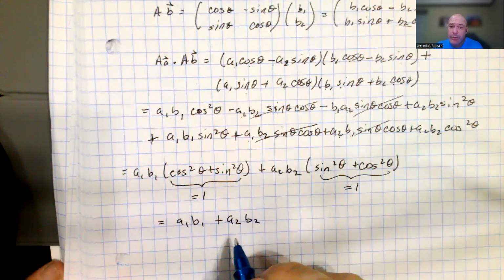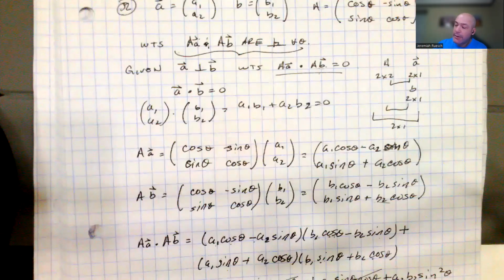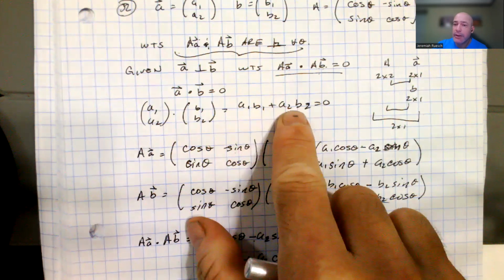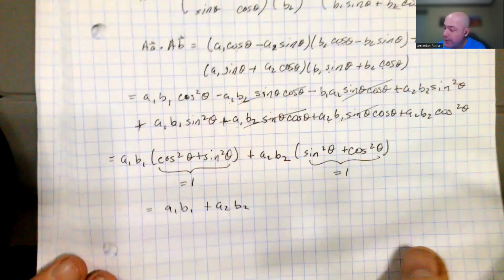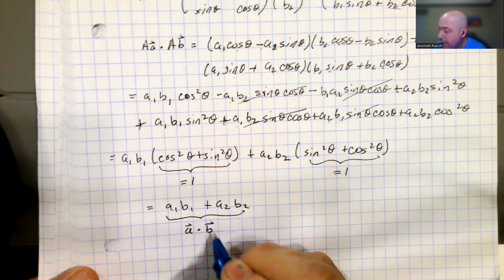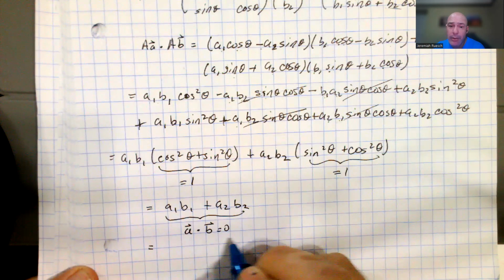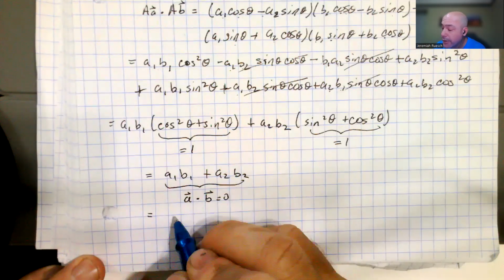And lo and behold, if we go back up to what we were given, A1 B1 plus A2 B2 is just the dot product A dot B, which we know is equal to 0, since we were given that A and B were originally perpendicular or orthogonal.